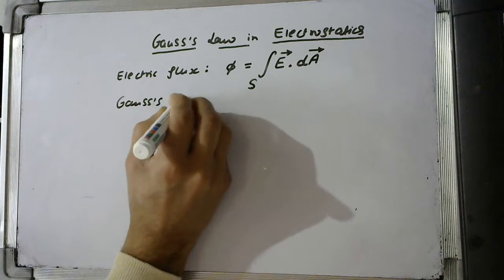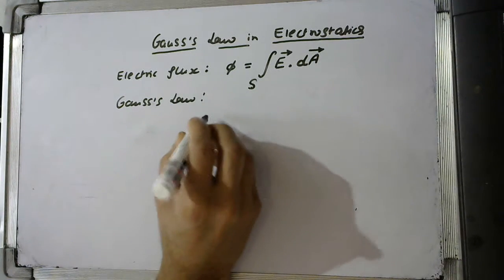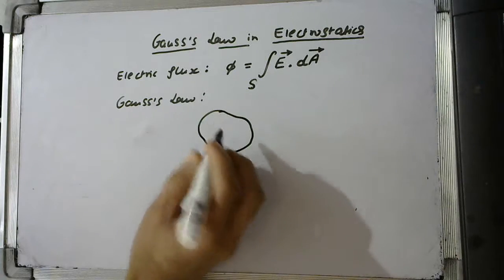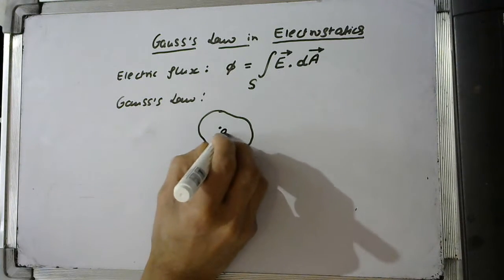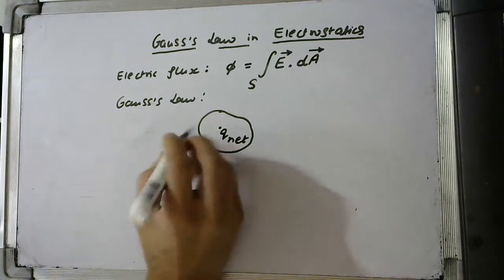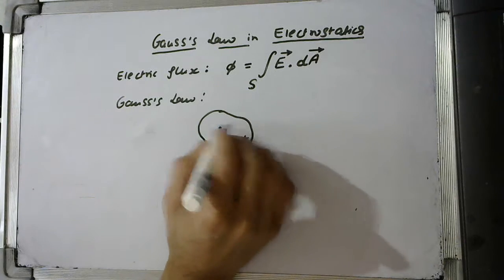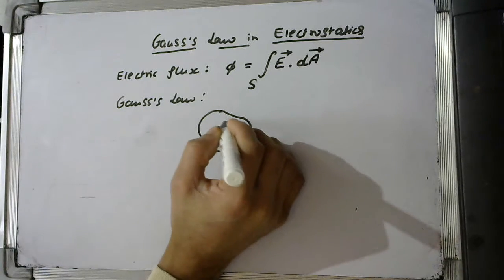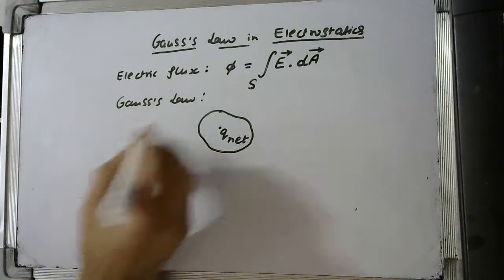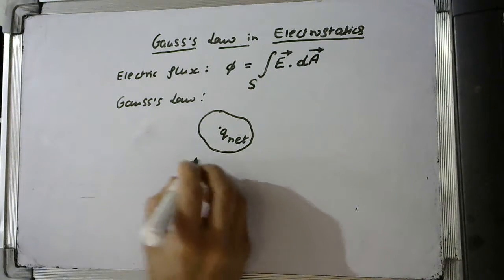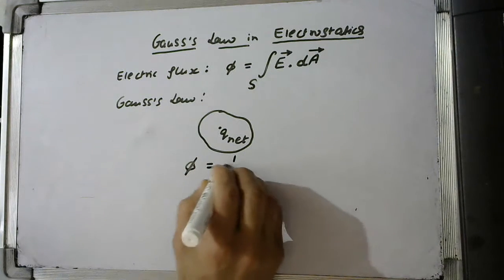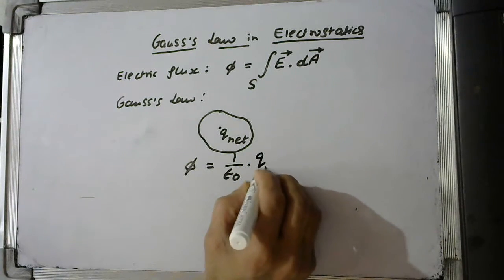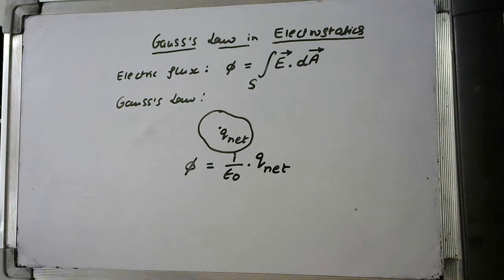Gauss's law states that if we have a closed surface enclosing certain charge, and there is some electric field in the region which may be due to charges inside the surface or charges outside the surface, then electric flux through the surface is given by 1 upon epsilon naught times net charge enclosed by this surface.